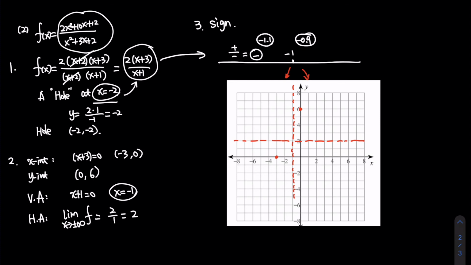On the right will be positive over positive, give us positive. So on the left of negative 1, because it's negative, we'll start from negative infinity, go across this point and approach this line. On the right, start from positive infinity, go across the y-intercept and approach this line.